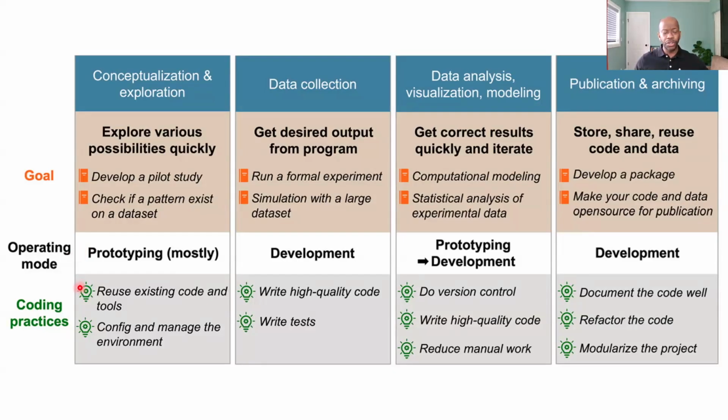We might reuse existing code, and we end up with something that works at the time, but we don't necessarily take the time to refine it, make sure it's robust, and make sure it's able to be shared. So one of the big themes for today is that as you move through your science, while it's perfectly fine and really expected to start in a prototyping phase so that you can move quickly and try to get things working.